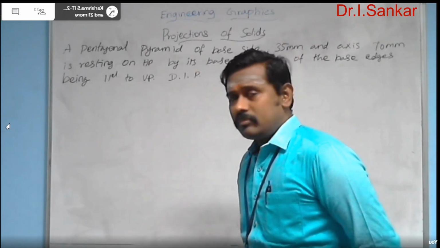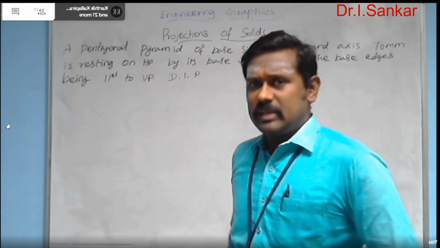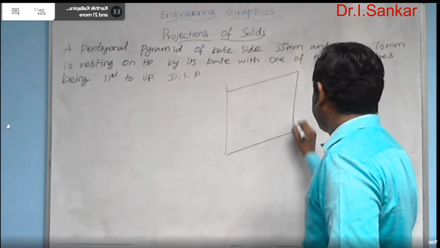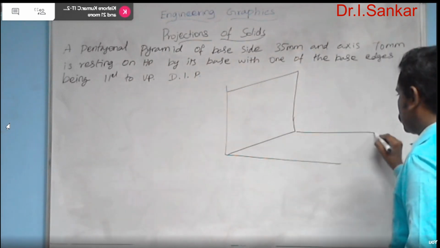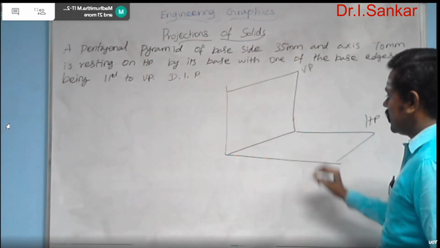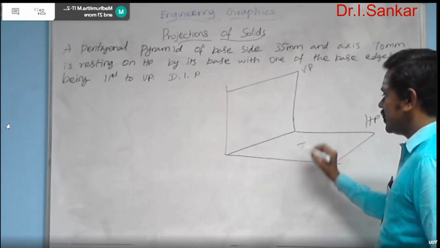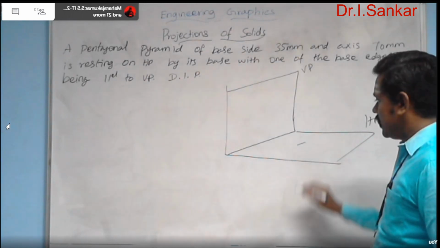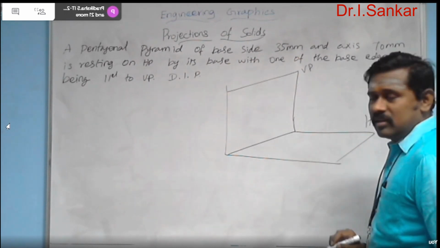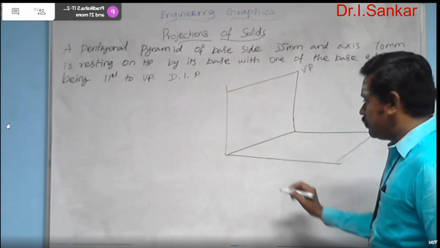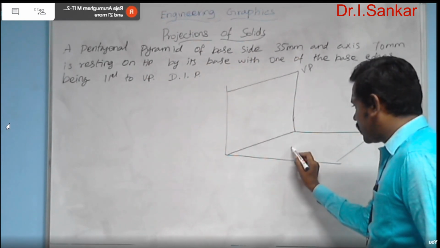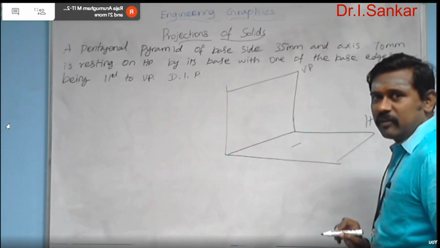Now, it is a pentagonal pyramid simply standing on the horizontal plane. If you consider the environment, your solid pentagonal pyramid is simply standing on the horizontal plane. Meantime, one of the base edges is parallel to VP. So this is nothing but the VP screen. So by being parallel to VP, it is having one edge.